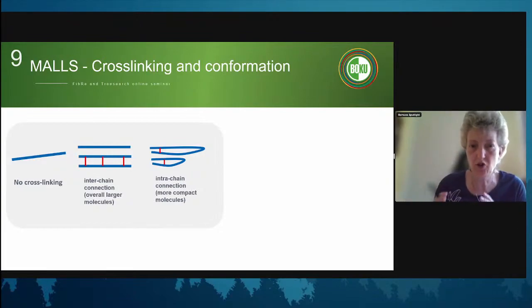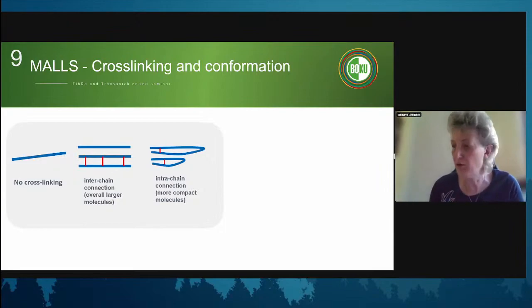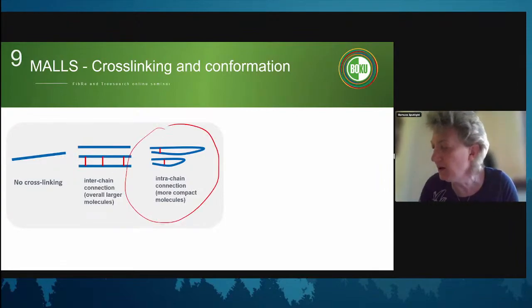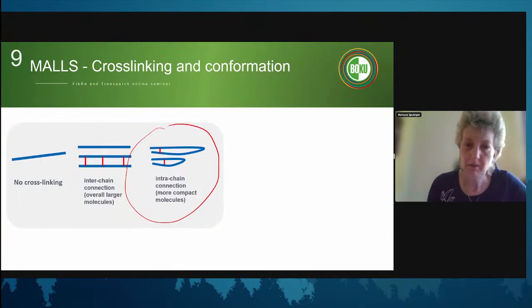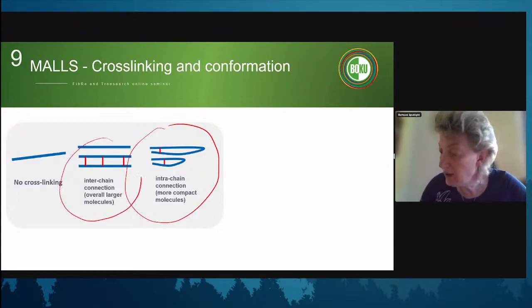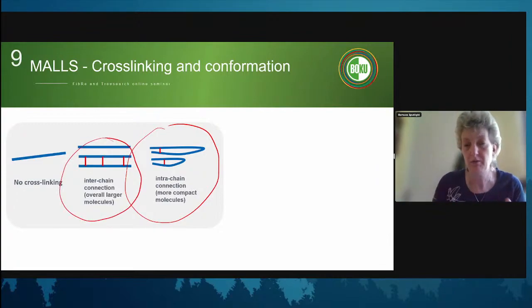One is intra-chain cross-linking, which would be this case here. This shows us a more compact molecule, but we can also have interchain cross-linking, and this leads to larger molecules.